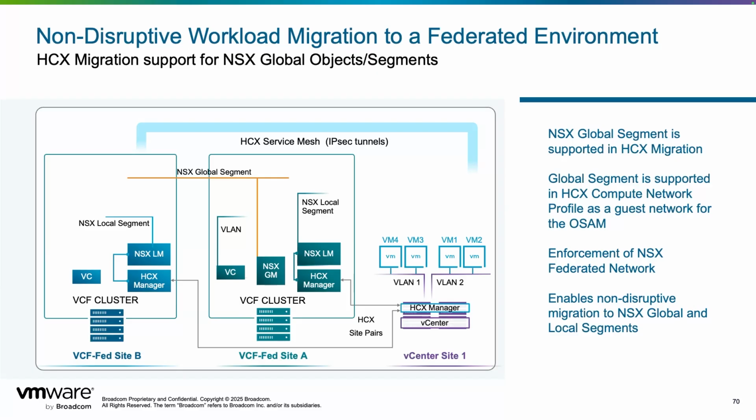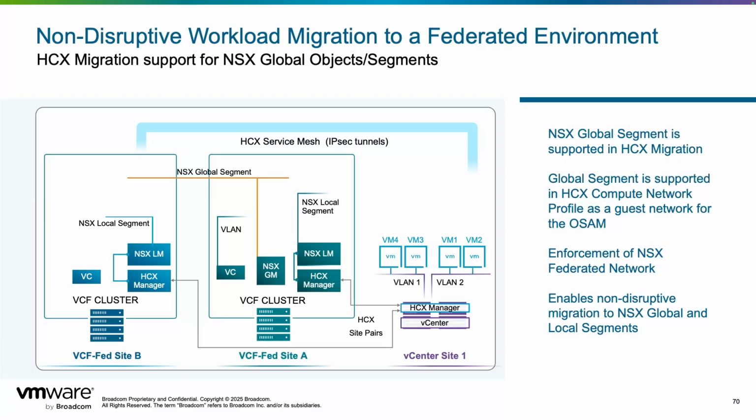This action prevents potential layer 2 loops and ensures that the federated network's stretch capabilities are not compromised. In essence, HCX now provides a reliable and compatible migration path to NSX global and local segments within a federated environment, while safeguarding the integrity of your federated network architecture, allowing for a smooth and controlled migration experience.